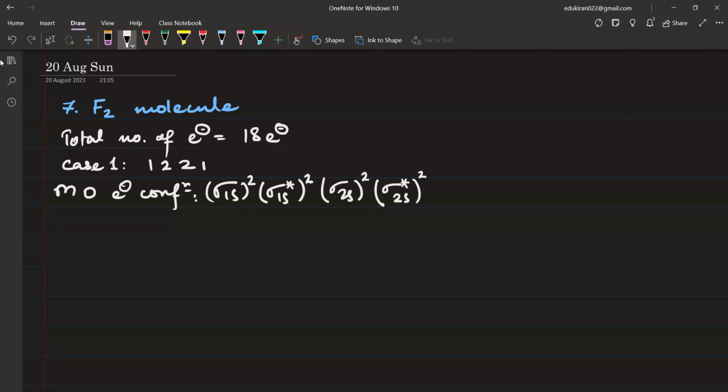And now comes the issue. अब बताएं क्या है? Sigma 2pz. After that? Pi 2px is equal to pi 2py.